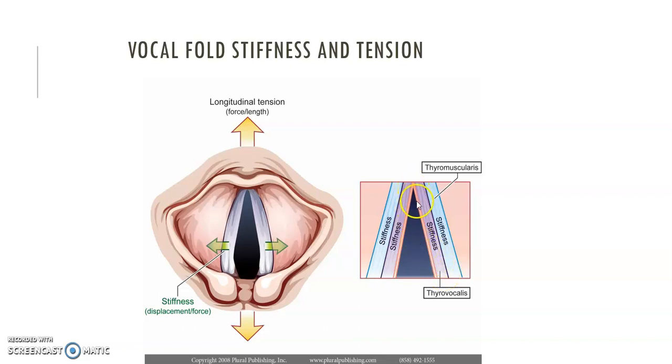This orange part right here represents the vocal ligament, which is integrated with the muscle, but it's also, remember, the upper thickened margin of the conus elasticus. How these things operate has a lot to do with raising and lowering pitch and to some extent loudness intensity. We'll get into that in an upcoming video, but this lays the groundwork for understanding that.